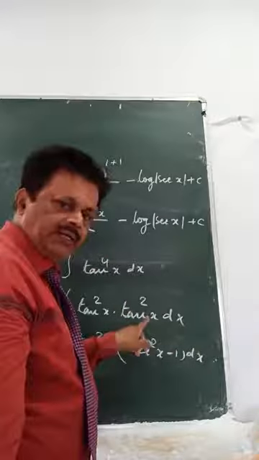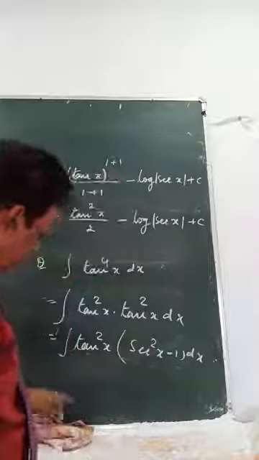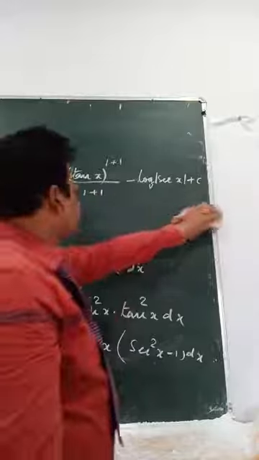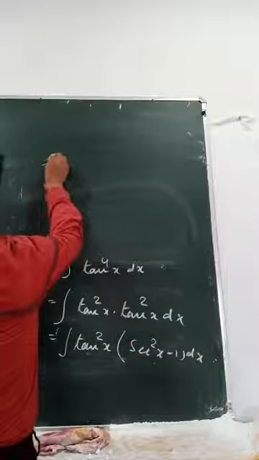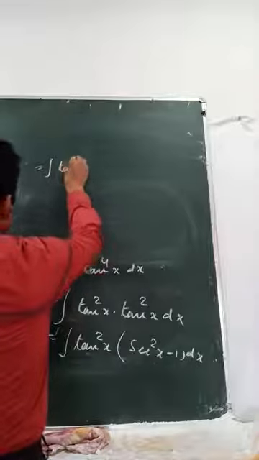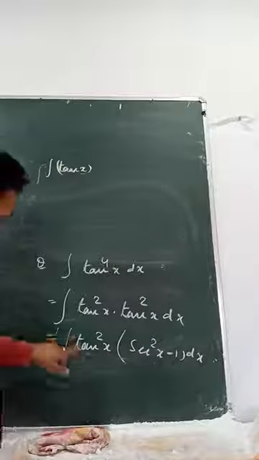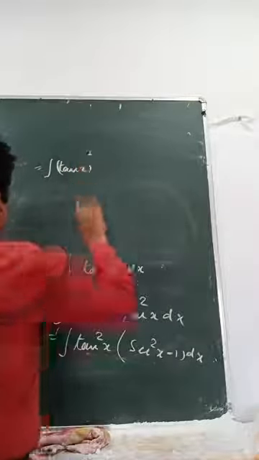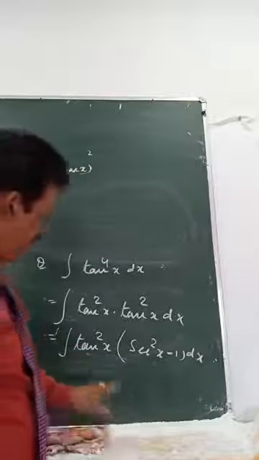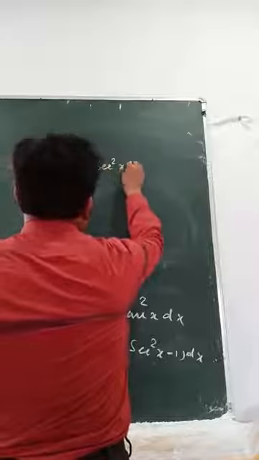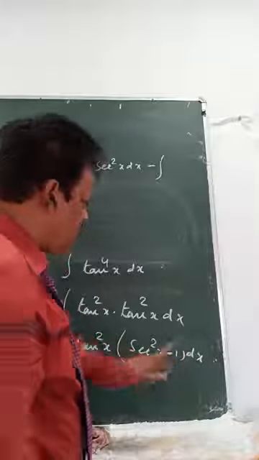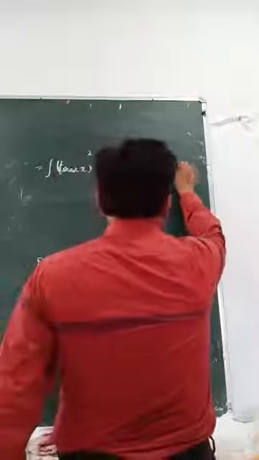One I have converted. Now I will multiply it. What will I get? This will be integration. The tan square x, you write tan x whole square. Doesn't matter. This is sec square x minus tan square x, you multiply with 1, tan square x.